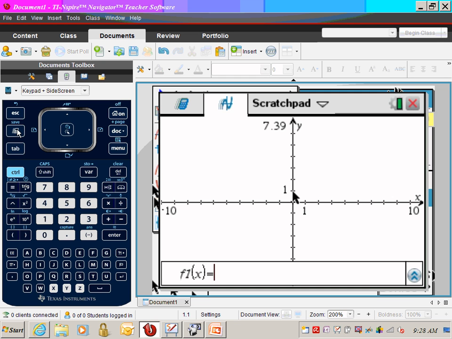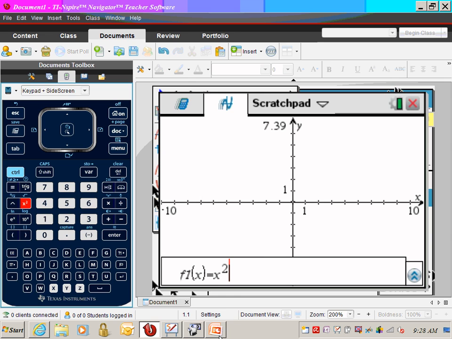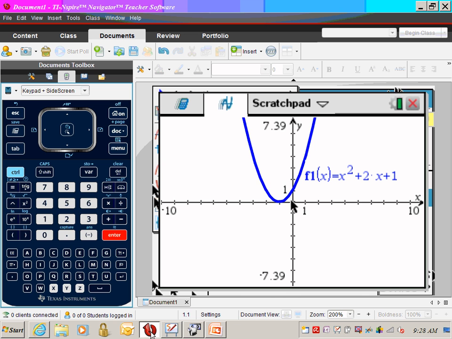So what was it? X squared. What was it? Plus 2x plus 1. Okay, hit enter. X squared is this little key right here.